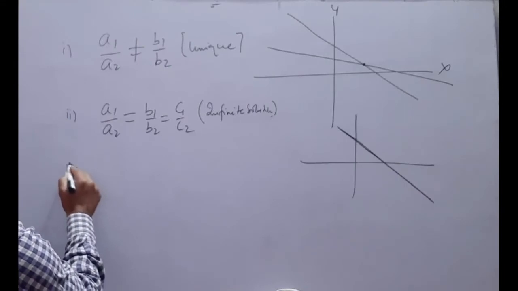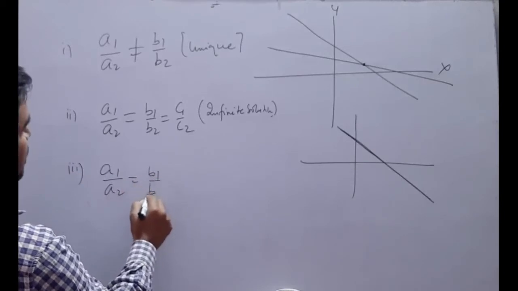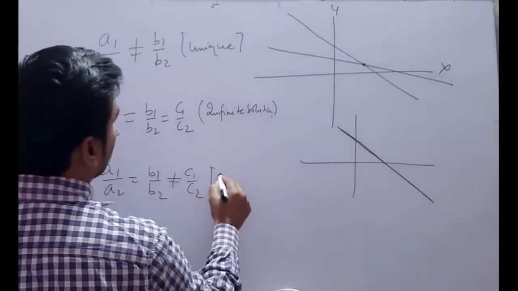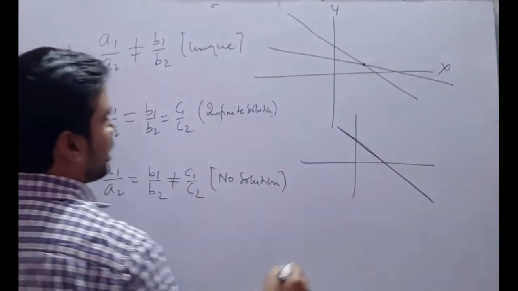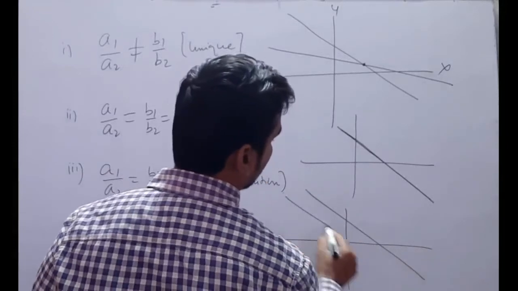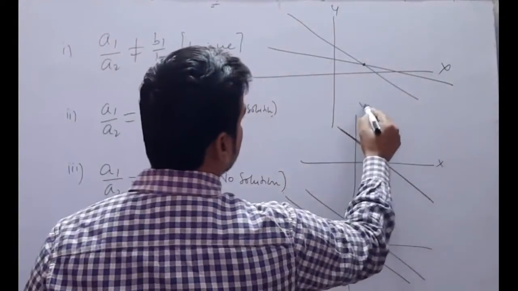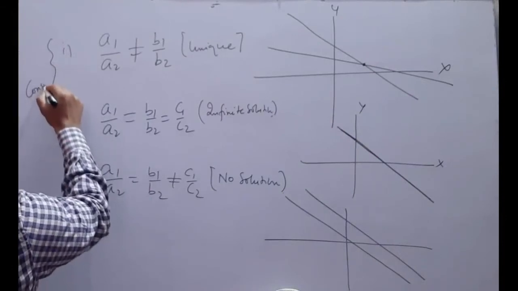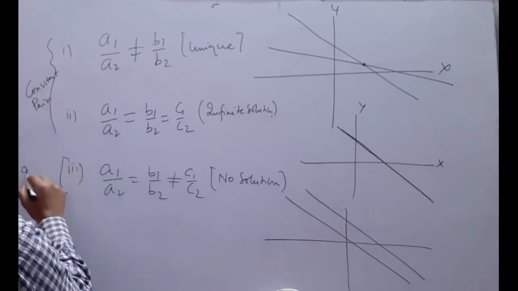For the third condition, let's say that a1 by a2 equals b1 by b2 and not equal to c1 by c2, it means no solution, and the graph for these lines will be parallel to each other. So the first two are known as a consistent pair of equations, and this one is called inconsistent.